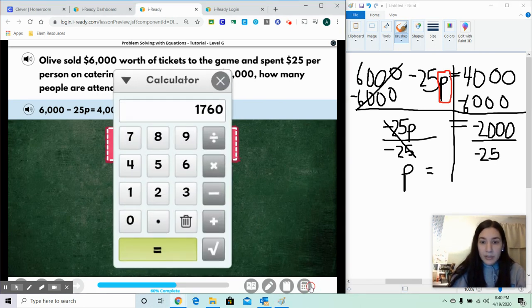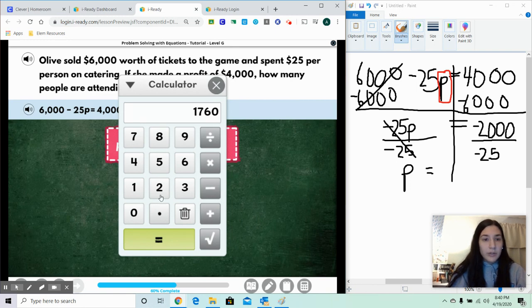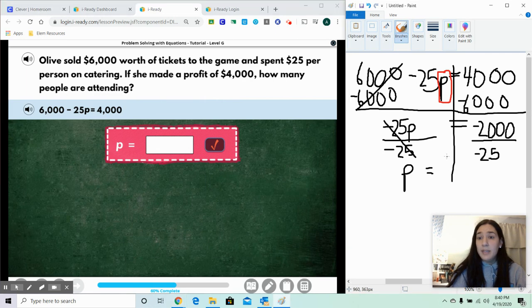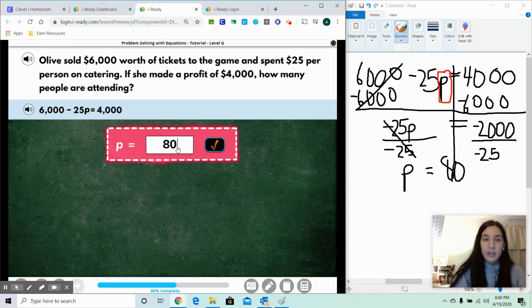I'm going to pull up my little calculator. I'm going to do 2,000 divided by 25. And I see that that gives me p equal to 80. So I'm going to type in here 80 and check.